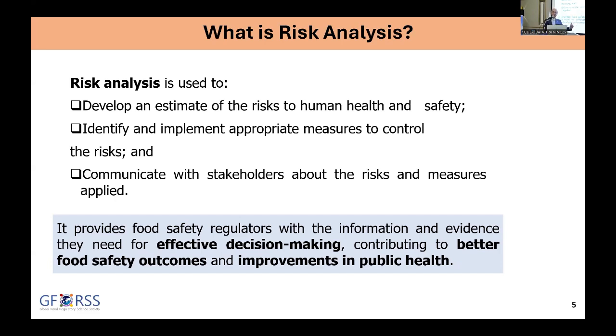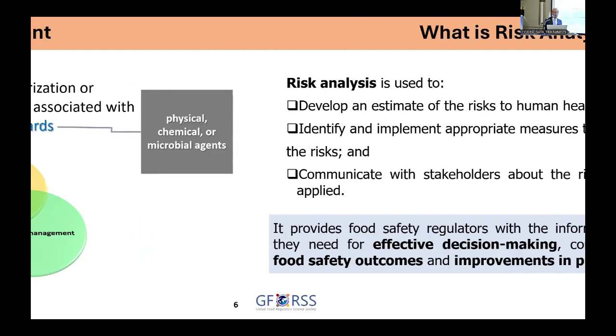We implement it, we evaluate it, and we redo the cycle again. It's a cycle. And basically, what this allows us to do is it provides both Codex and food regulators with a systematic and structured approach to follow to reach those decisions, primarily in this case, to protect public health from food safety issues.